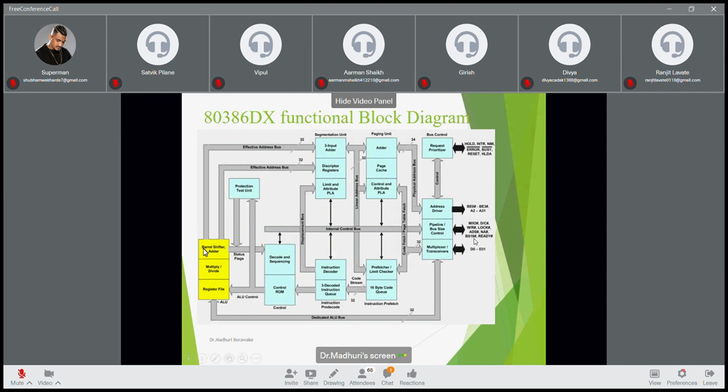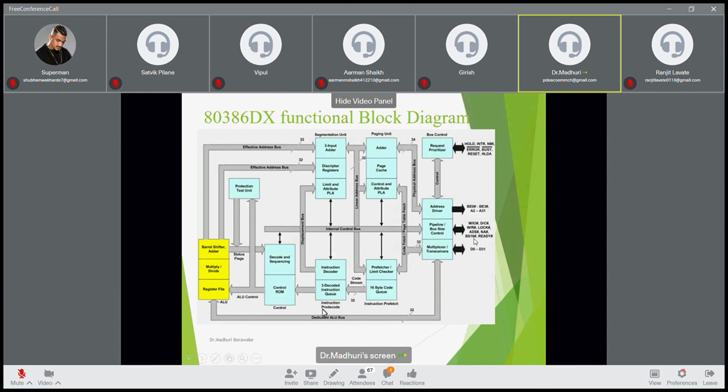This parallel shifter is used to speed up the shift, multiply, divide operations. These are the registers which may be 8-bit, 16-bit, 32-bit. And this parallel shifter is used to shift, rotate, and all the operations. So this is the execution unit.